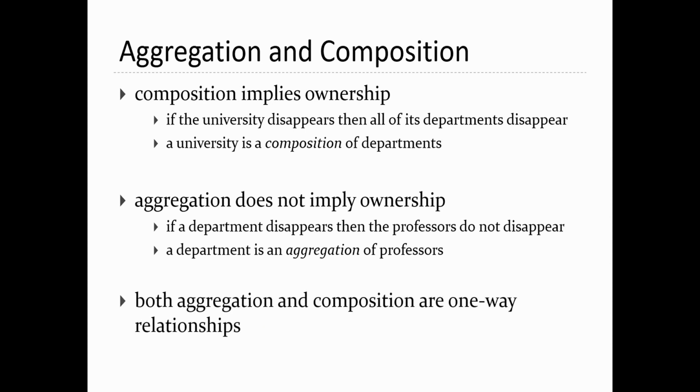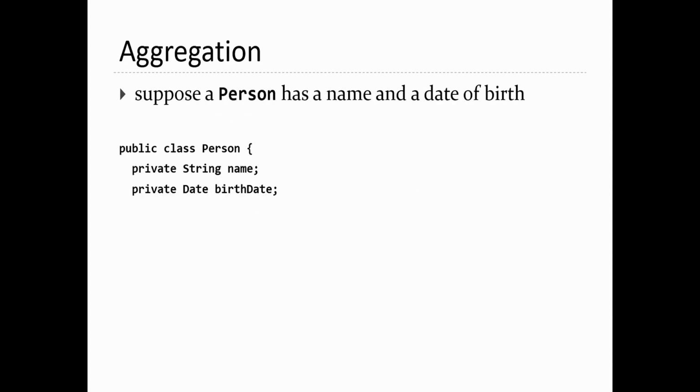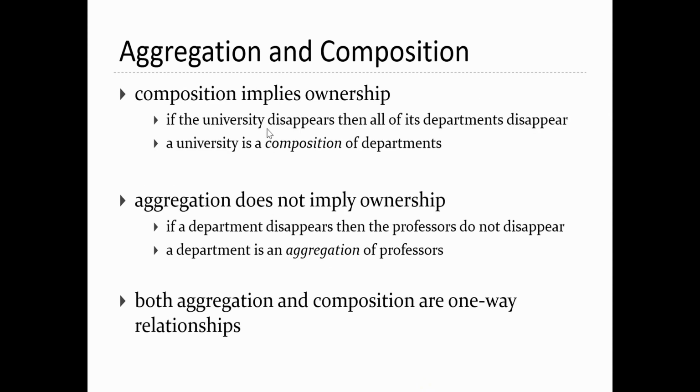Now, the difference between aggregation, composition, and association is that aggregation and composition are one way. In association, you can have two classes X and Y, and they can be associated with one another. In aggregation, the relationship only works one way. In this example, a university is a composition of departments, but a department is not a composition of a university.